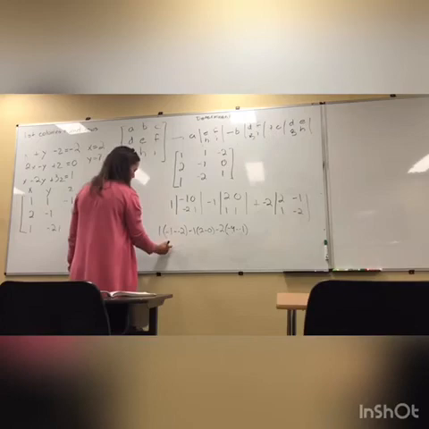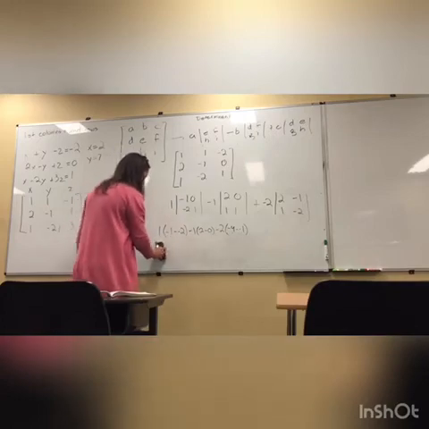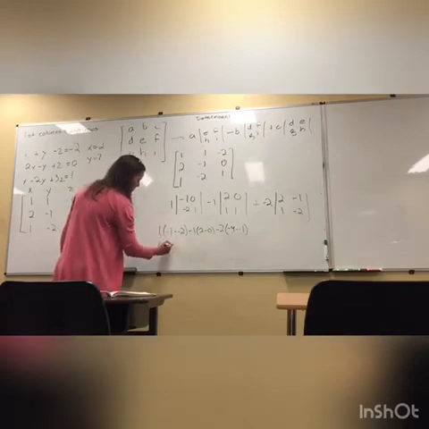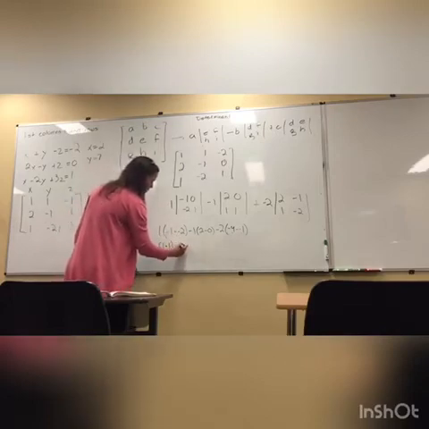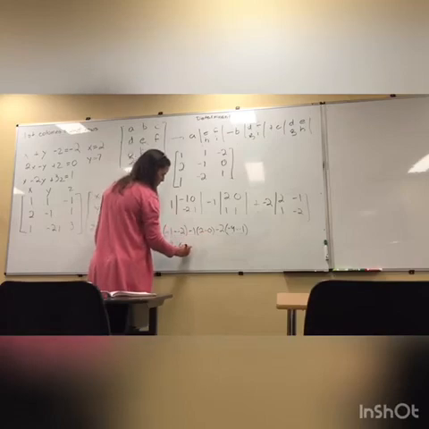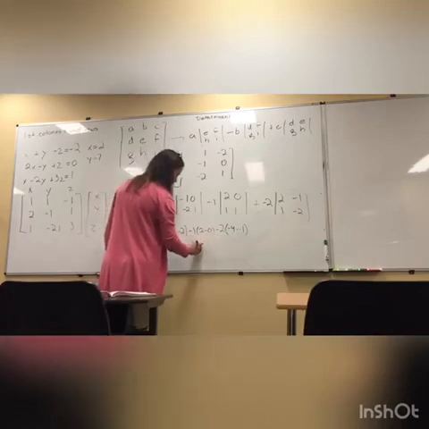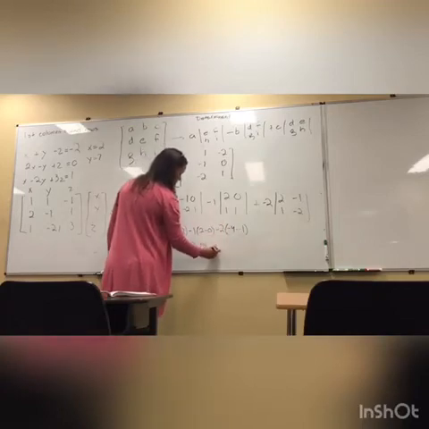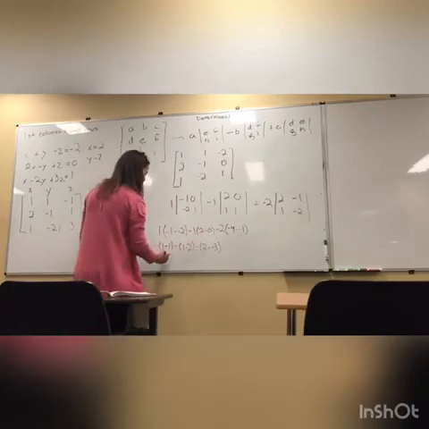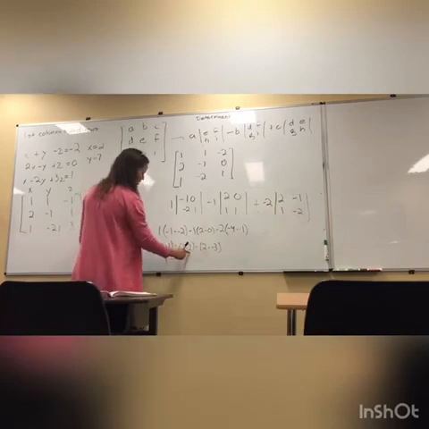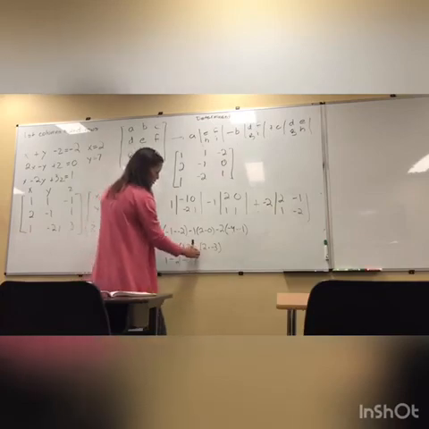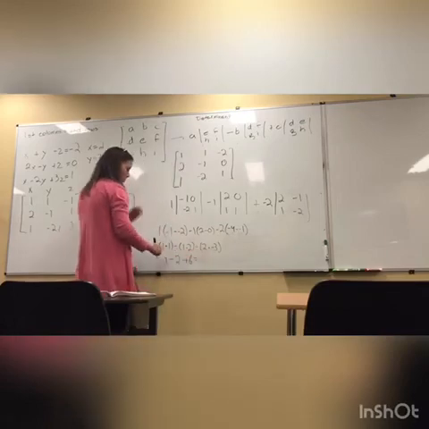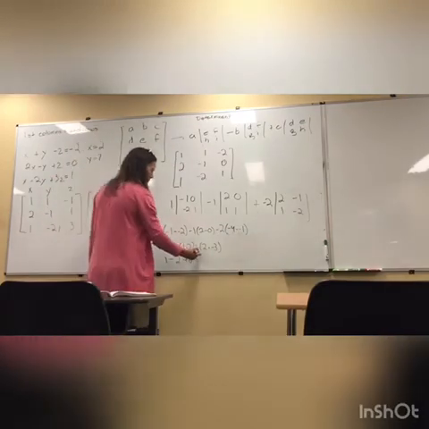Then we do minus, well, let's not skip any steps. Let's do 1 times 1 minus 1 out here times 2 minus 2 times -4 plus 1, which is -3. So that's going to go to 1 times 1 is 1, minus 1 times 2 is 2, minus 2 times -3, -6, which is just plus 6. So 1 minus 2 is -1, plus 6 is 5.